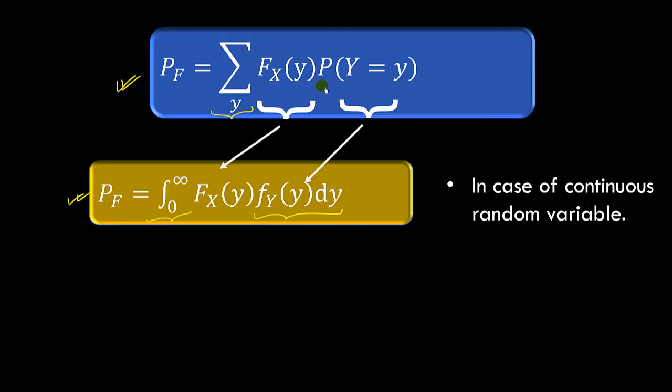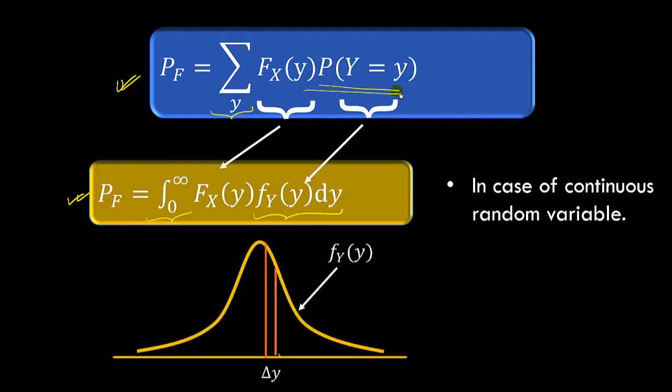So we can illustrate this term using this figure. So if you see, we have to calculate probability of y that is equal to a small y. Basically we cannot calculate point probability. Point probability will always be 0. So we consider a small interval of delta y.